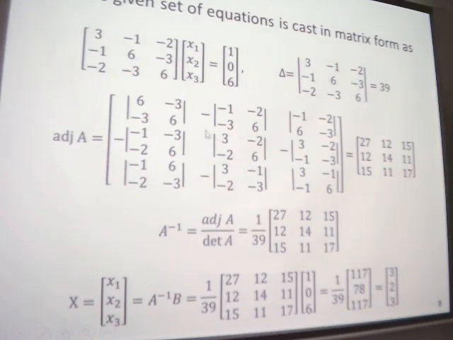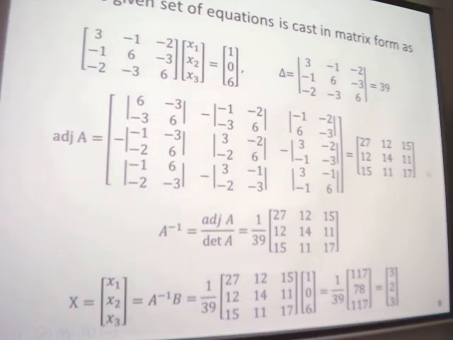But we should notice the factor of minus 1 to the power i plus j. Remember? 1 plus 2 is odd, so it's negative. Here positive, here positive, here negative.